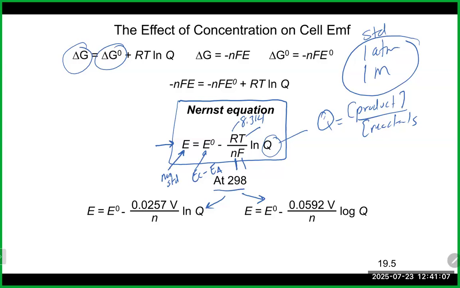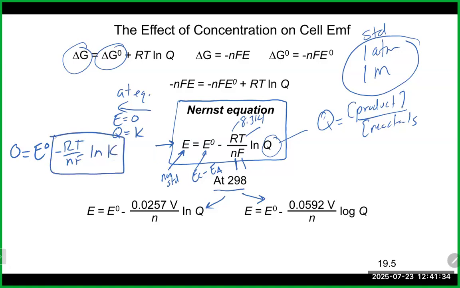By the way, this is where we get our previous equation that we used, because at equilibrium, in case you forget the previous equation, E would equal 0 and Q would equal K, which would turn the Nernst equation to 0 is equal to E naught minus RT over nF natural log of K. Taking this entire thing and adding it to the other side gives us our equation that we just used a second ago.